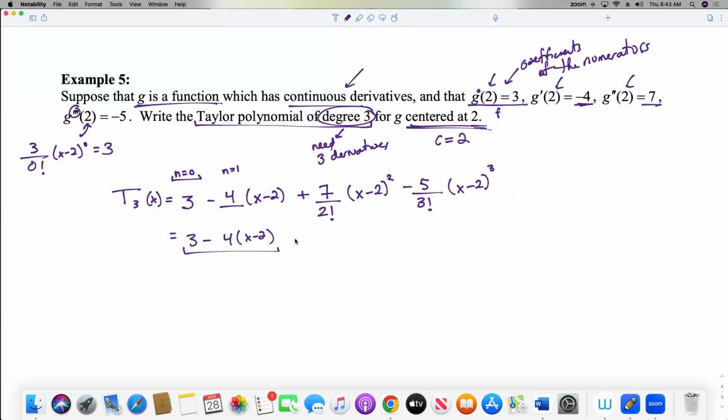And then it becomes a quadratic approximation with the next part. So this is just 7/2. And then it becomes a cubic approximation. So this is 5/6. And that's all they asked us to do. They just said, write the Taylor polynomial. I don't need to do anything else. I'm done.